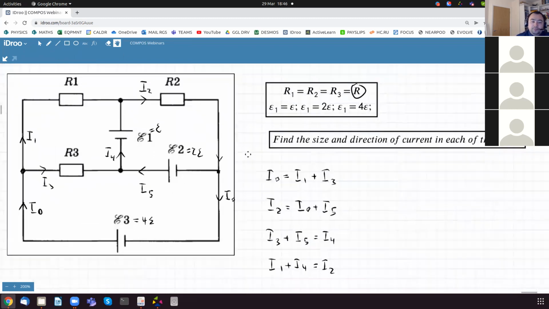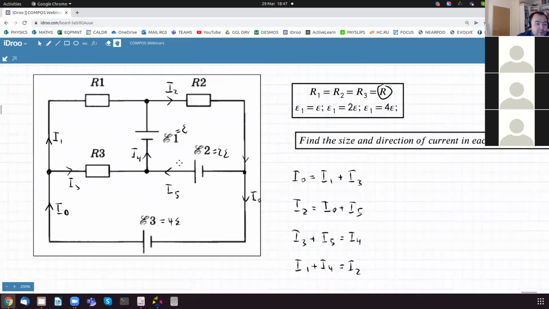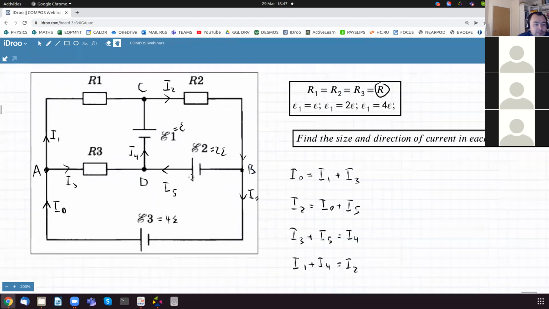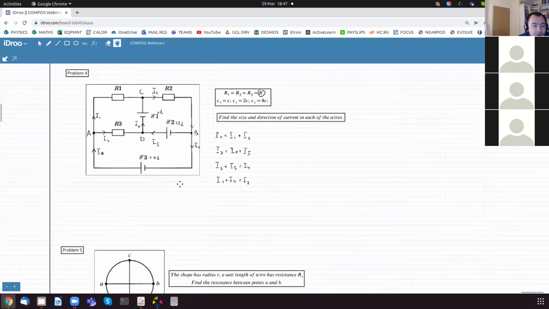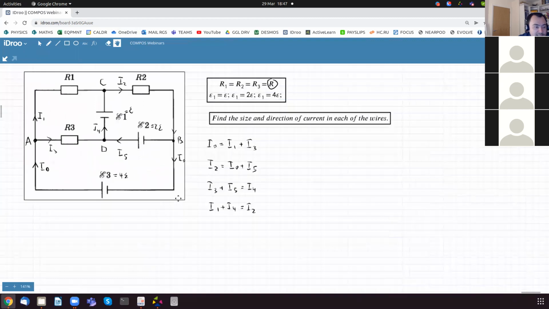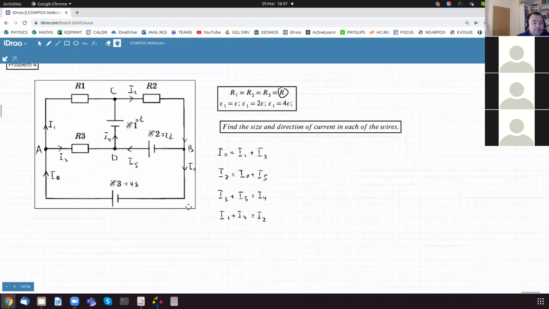Now let's use the same approach. So I'm going to call this A, B, C, and D. So rather than using the Kirchhoff's laws directly, I'm going to use my new method of potential differences.